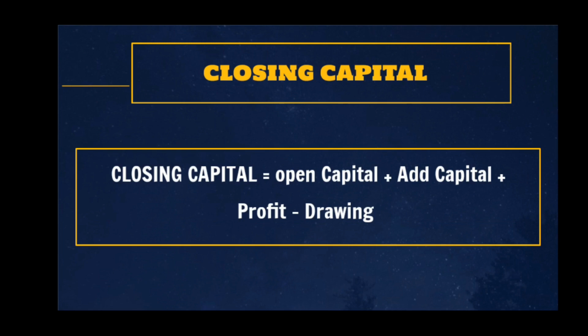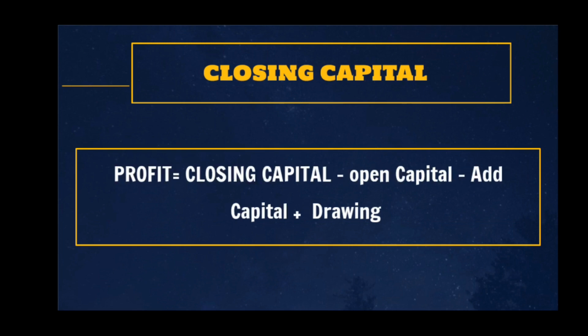If you remember, when we prepare the balance sheet, we said capital, add additional capital, add profit less drawing. That will give us the value of the closing capital, and what you are looking for is profit. Applying simple arithmetic by collecting the like terms, profit is going to be equal to closing capital minus open capital minus additional capital plus drawing.